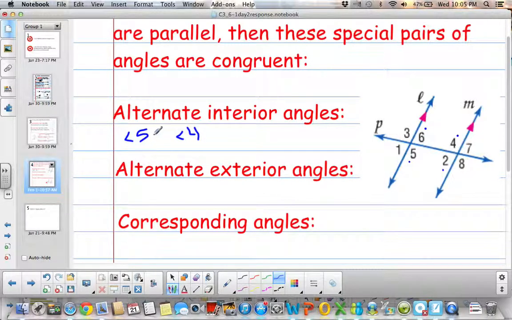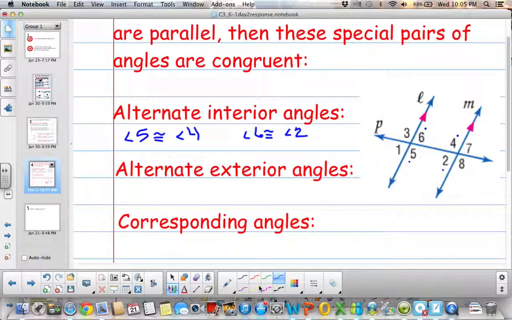The way that we would write that is with a wavy little line and then an equal sign. So angle 5 is congruent to angle 4. Then also angle 6 and angle 2 would be congruent. I'm using my mouse on my computer, so I apologize that my writing is really bad. Angle 6 is congruent to angle 2.